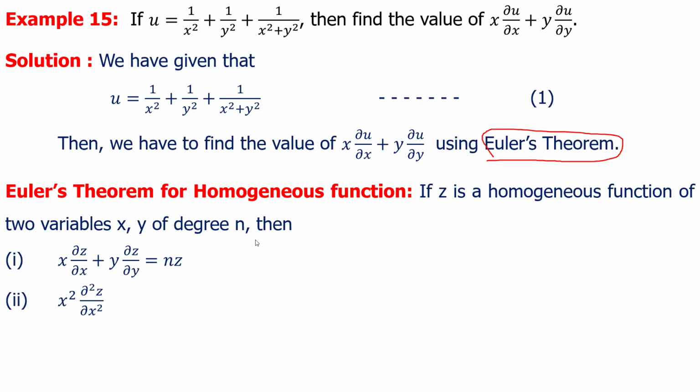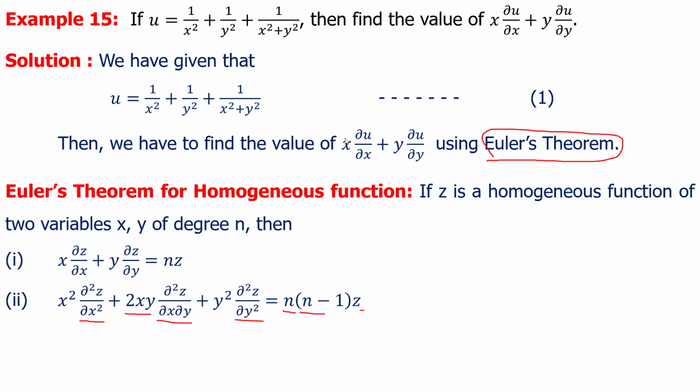Similarly, the second result, which is based on the second order partial derivative: x square del 2z del x square plus 2xy del 2z del x del y plus y square del 2z del y square is equal to n into n minus 1 into z.